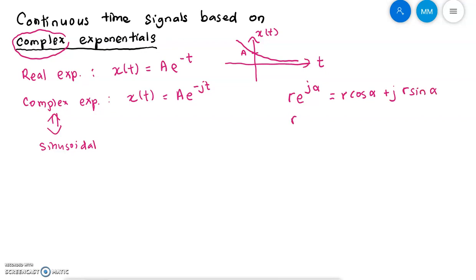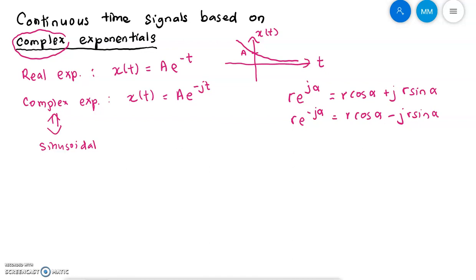Or if we have r e to the power of negative j alpha, we can write it as r cos alpha minus j r sin alpha, because r cos of negative alpha becomes r cos alpha.